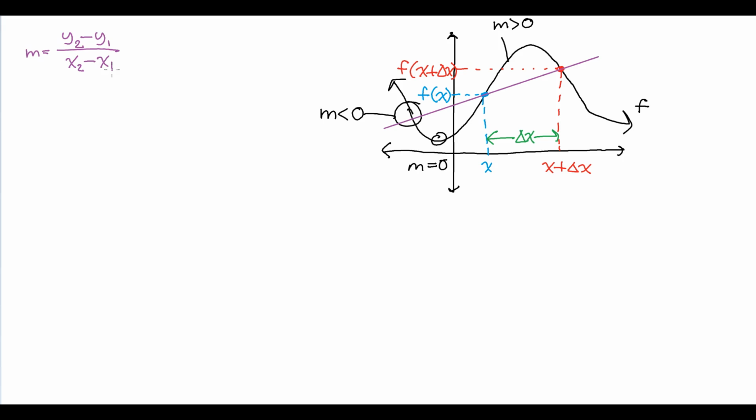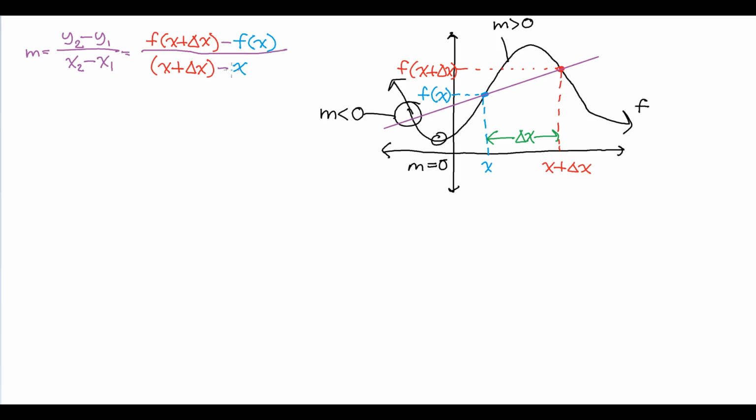So we're going to apply it to the purple line over here. f of x plus delta x, that's our y2, minus f of x over x plus delta x minus x.